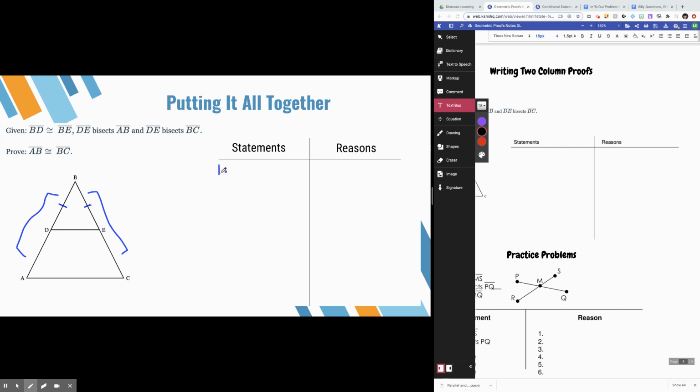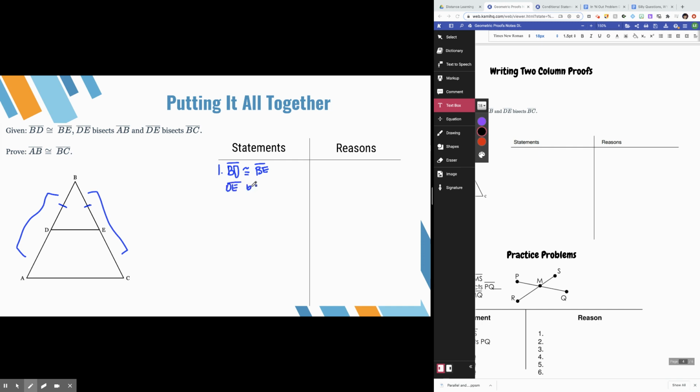Okay, so I'm going to start with what's given, and I'm going to try to write all of it out so that you can see exactly what you would write. So we're going to write our given statements exactly as they're written. Okay, so BD is congruent to BE.